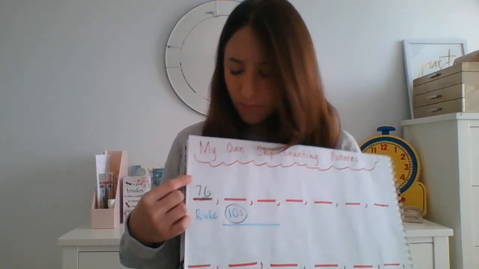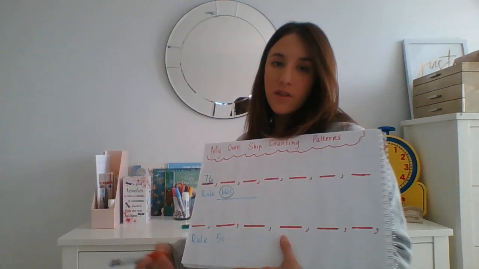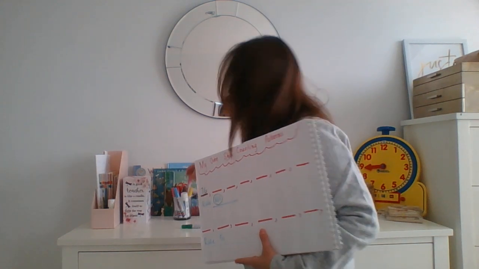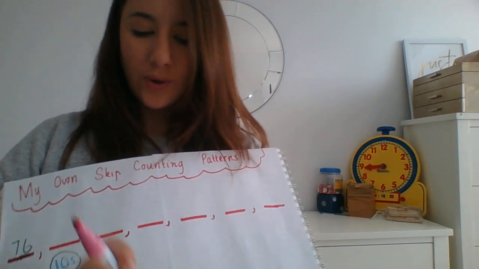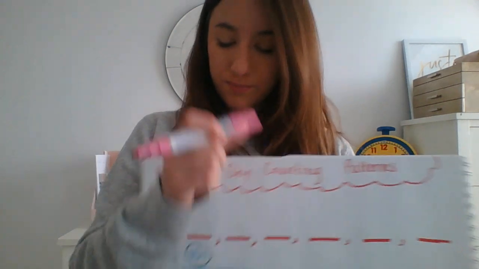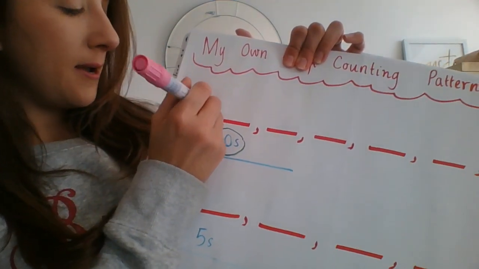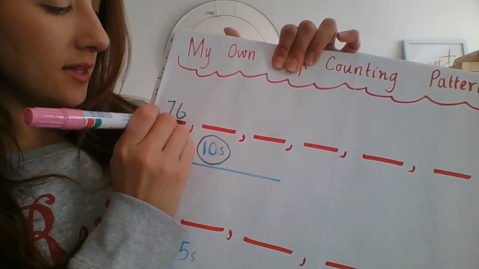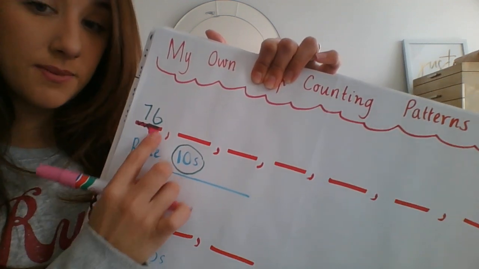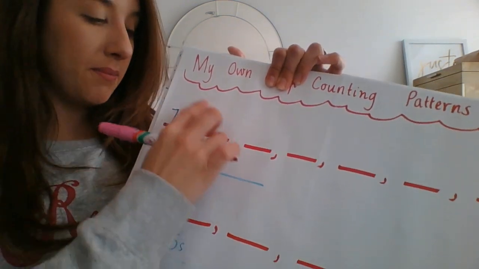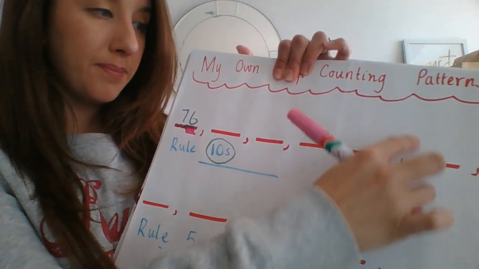Now, I know that when we skip count by tens, the one's digit will stay the same in each number.